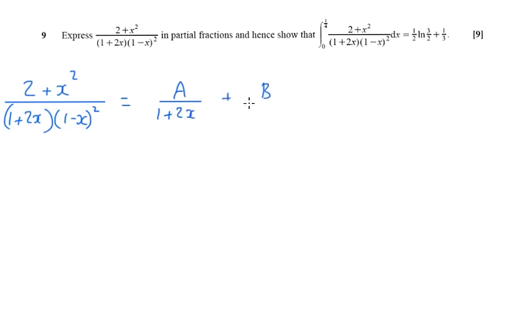plus B over 1 take x plus C over 1 take x all squared.